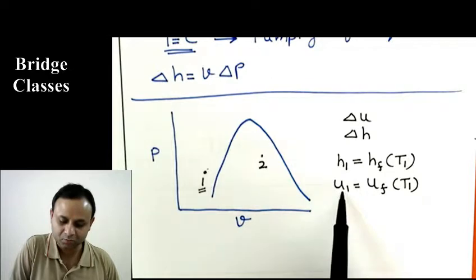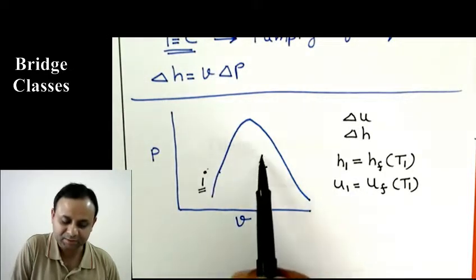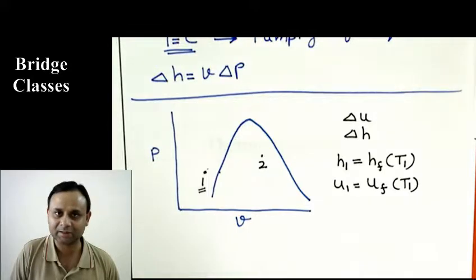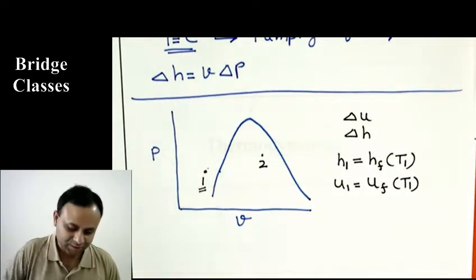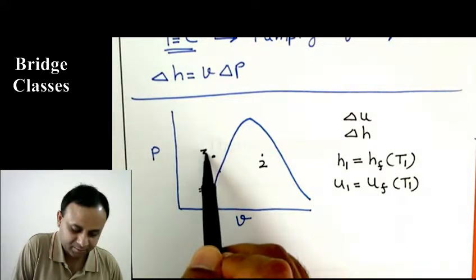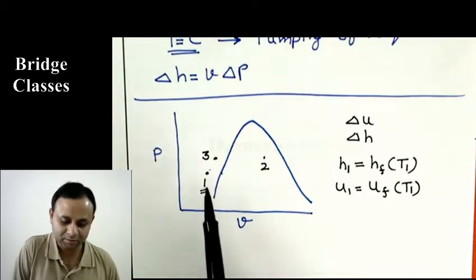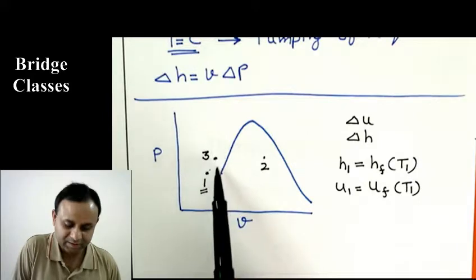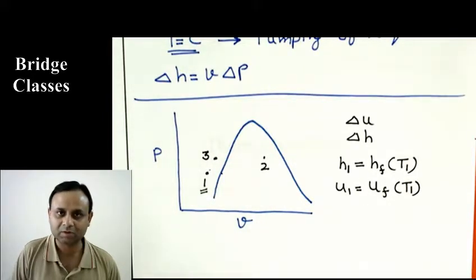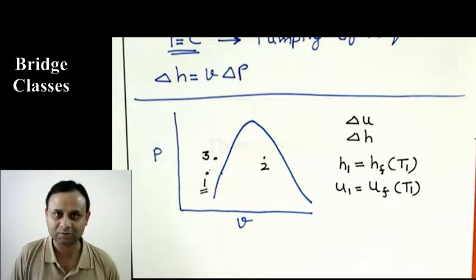You'll use the table to get that, and similarly for 2 you are going to use the table and then get delta U and delta H. But if the situation is you have state 1 is here, and let us say this is state 3, so it's water but it remains liquid, it is incompressible, then you can use the equations we derived for an incompressible substance. For solids you can always use those equations, because solids we can treat as incompressible.